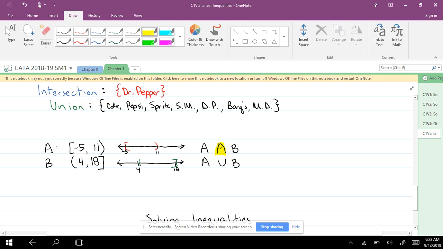Here, we're talking about the intersection. So the intersection is what they have in common. Well, that would be this region right here. That's what they have in common. So I would write that intersection as parenthesis 4, comma 11 parenthesis.